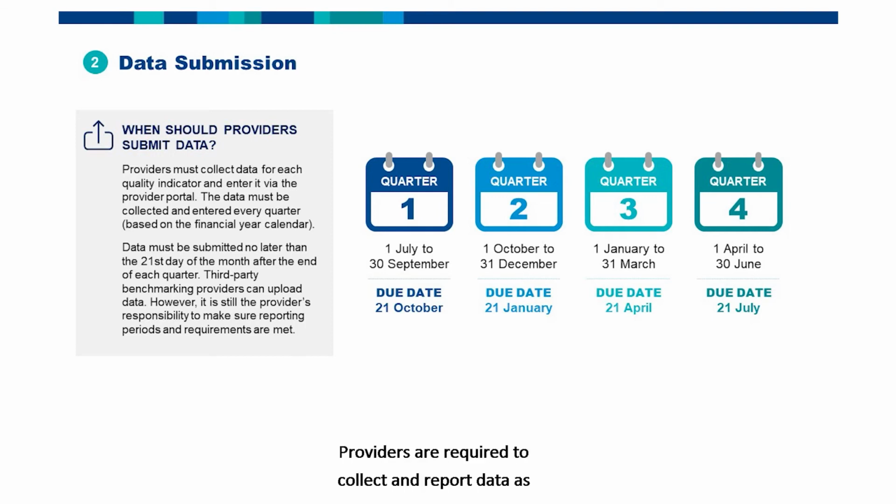Providers are required to collect and report data as detailed in the QI Program Manual 2.0 Part A in accordance with legislation. Providers are required to submit data no later than the 21st day of the month after the end of each quarter. It is also worth noting that should third-party providers be used, the provider remains responsible for the submitting of data accurately and on time.